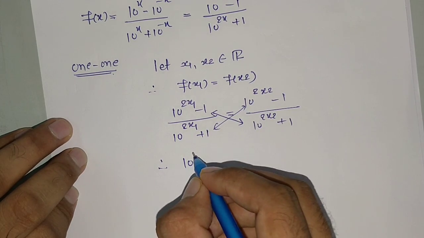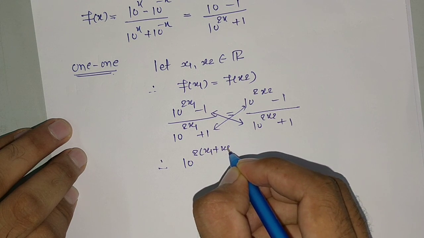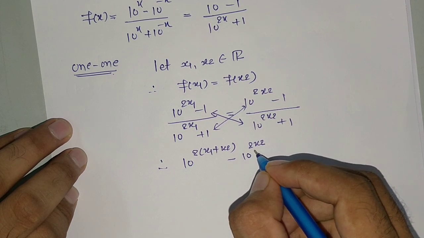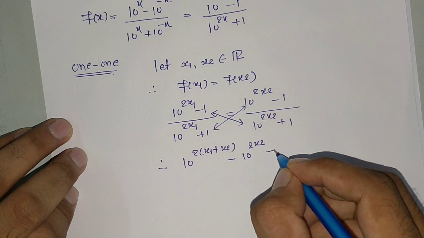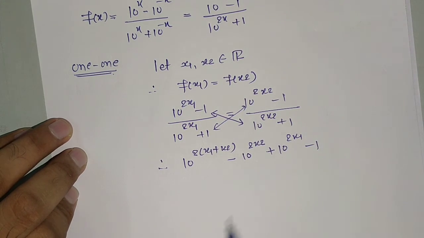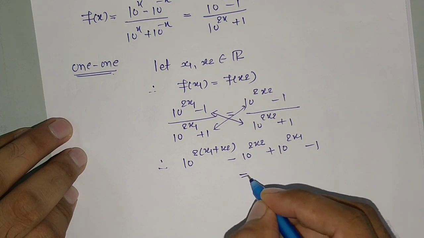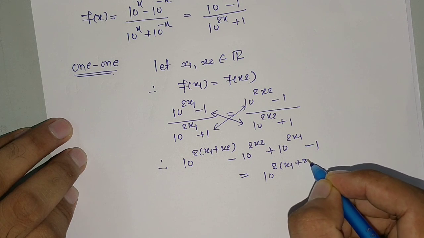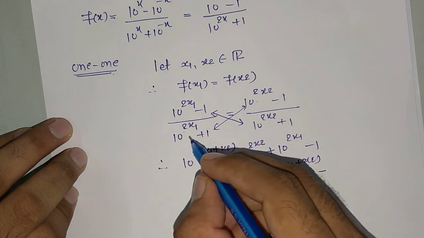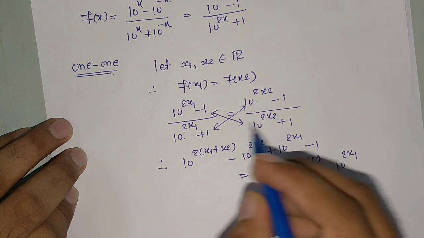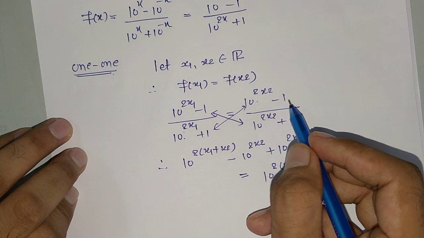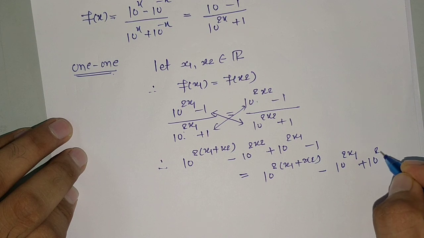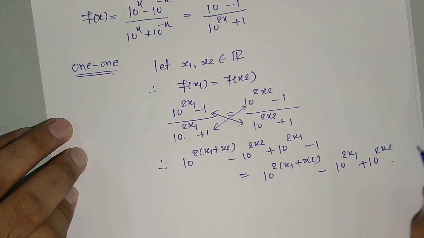Directly multiplying, we get 10 raised to 2 common, x1 plus x2, minus 10 raised to 2x1, multiplication of 10 raised to 2x1 with 1. Then 1 multiplied with this will give 10 raised to 2x2, and the multiplication of 1 and minus 1 gives minus 1.